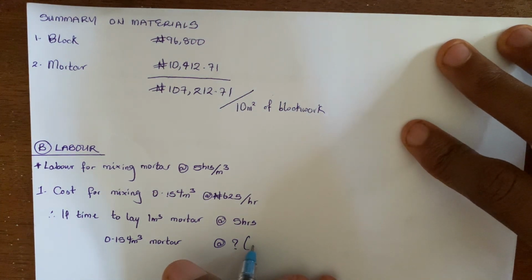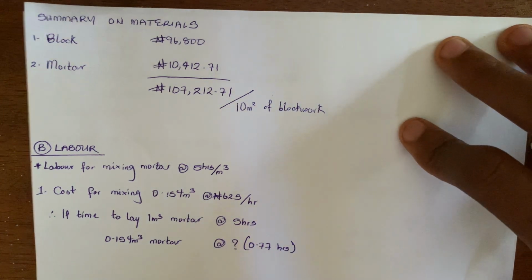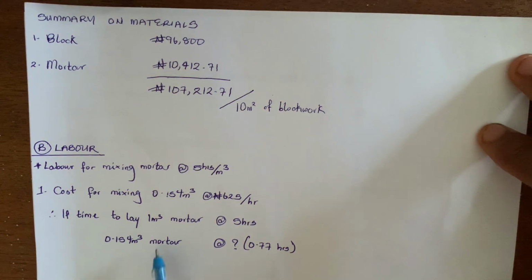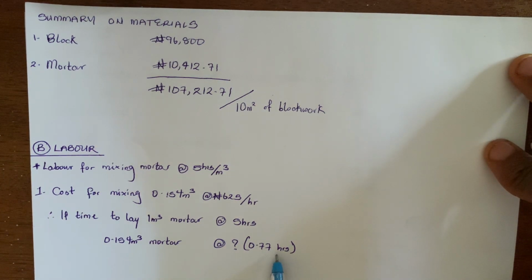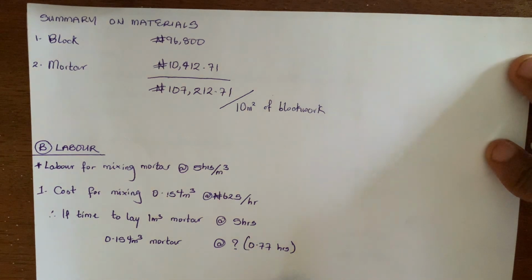And that will give me 0.77 hours. So it means that to mix 0.154 meter cube of mortar is going to take us about 0.77 hours, as compared to the 5 hours that it would have taken us to mix 1 meter cube of mortar.